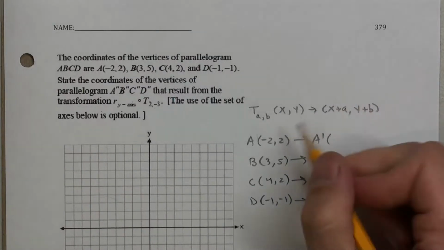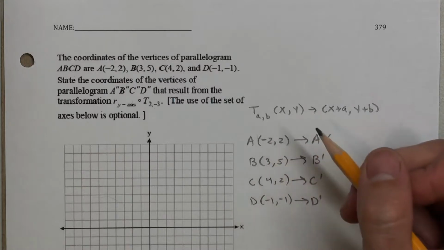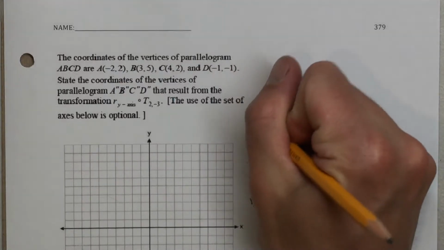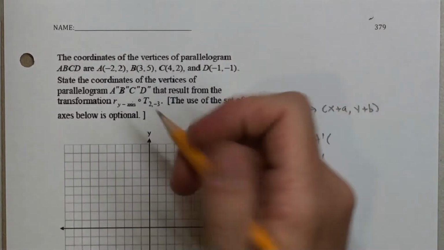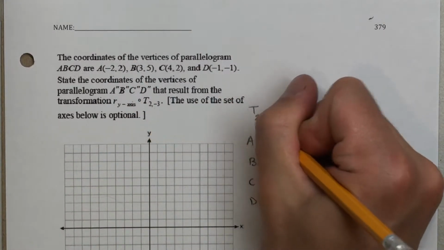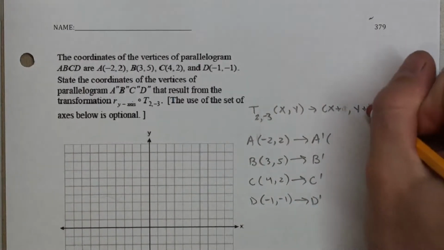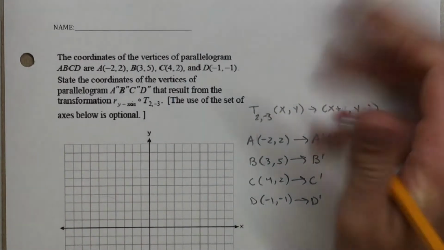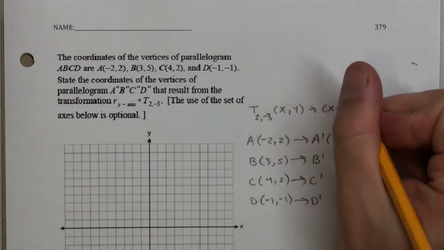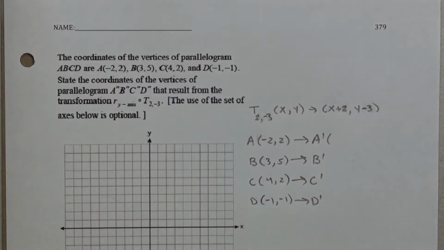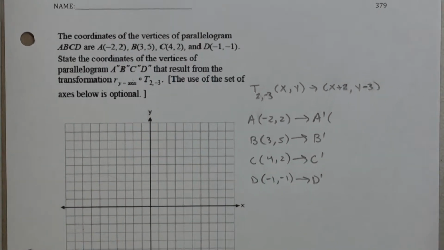We should write this a little better actually. Let's not use a and b because we're given (2, -3). So let's change this to (x plus 2, y minus 3), because that's really what we're doing for this problem.